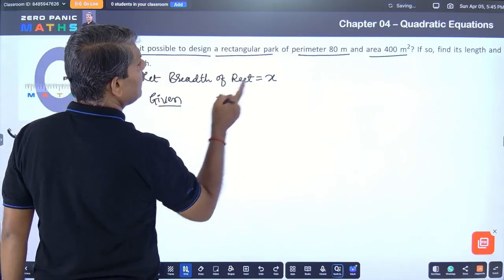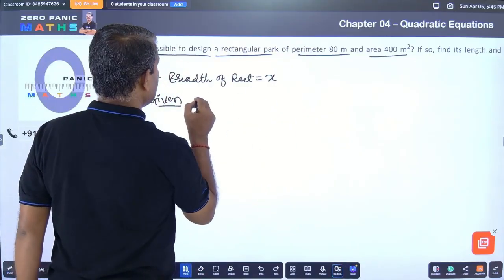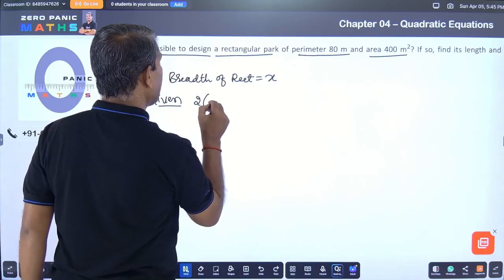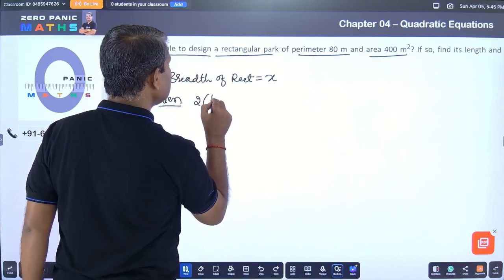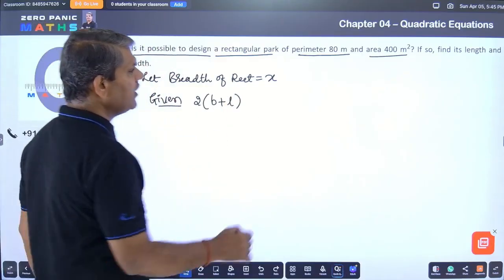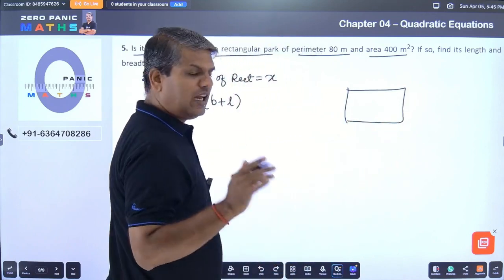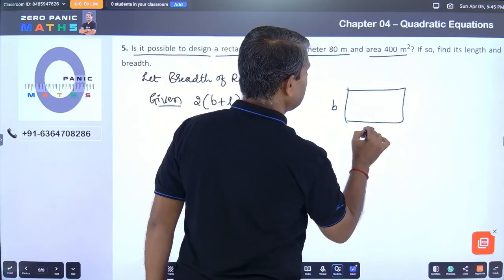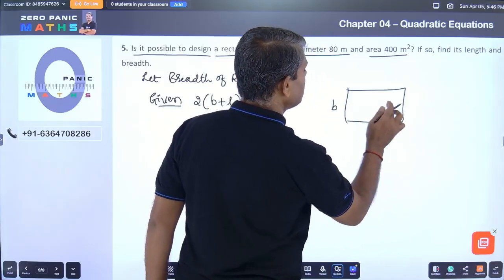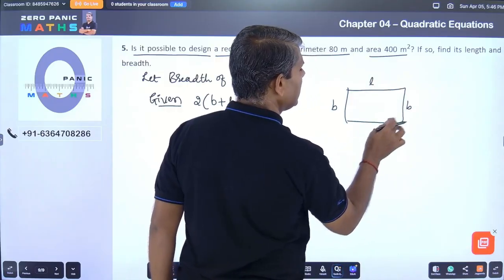So what is given is perimeter is 80 meters. Perimeter is 2 times breadth plus length, always. Now why am I taking this? Consider a rectangle: opposite sides are always equal, so it is length, length, breadth, breadth.